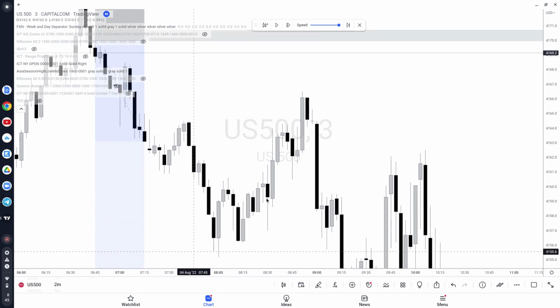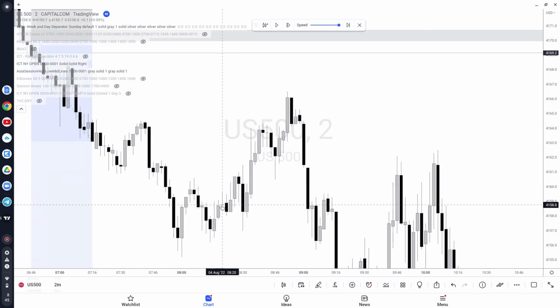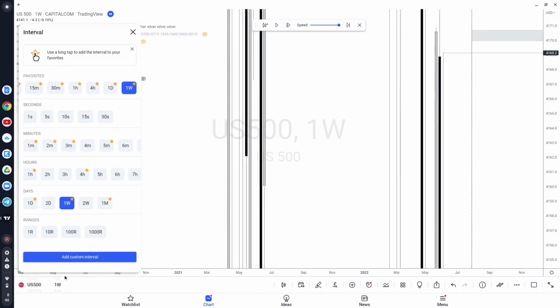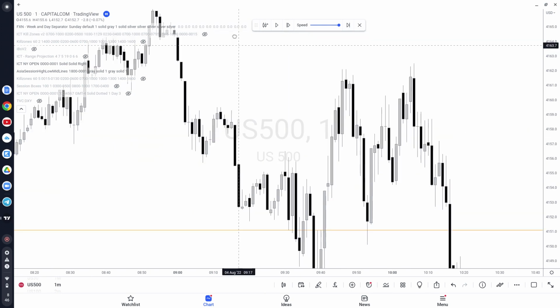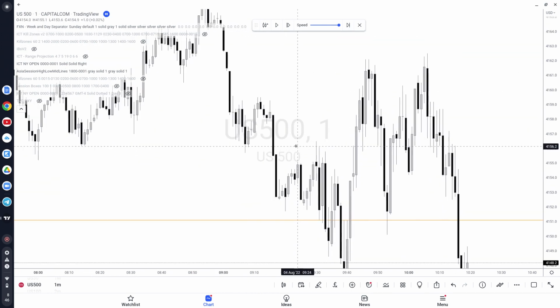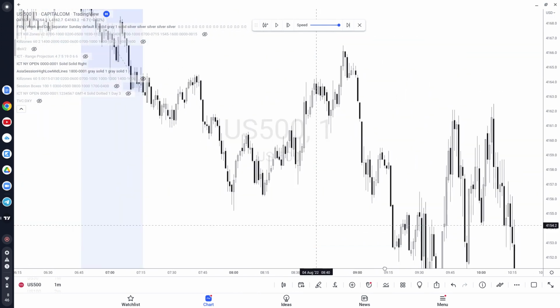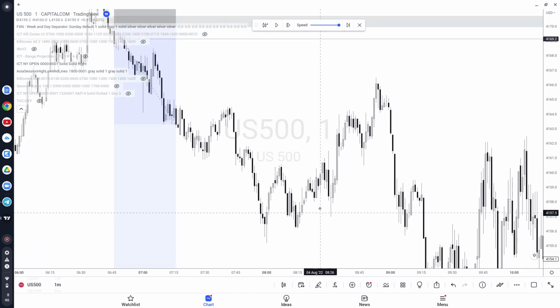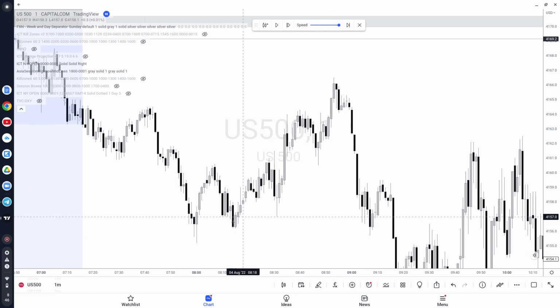And I'm just looking inside of this failure swing to see if there was any imbalances or anything to possibly take a counter trend trade from. Not so much, right?